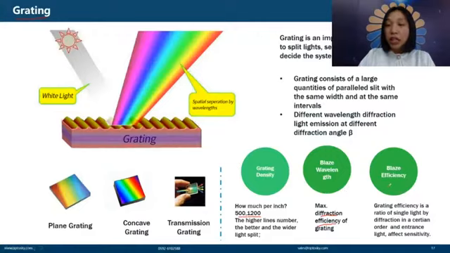And thirdly is the blaze efficiency. Blaze grating efficiency is the ratio of the light in a certain order to the entrance light, so the blaze efficiency can also affect the sensitivity.